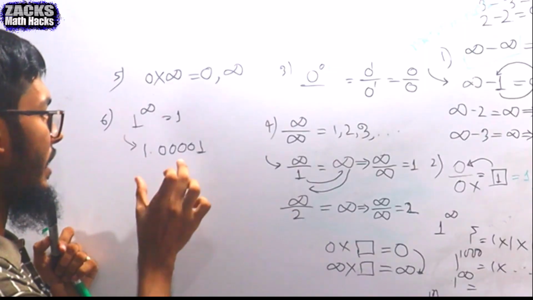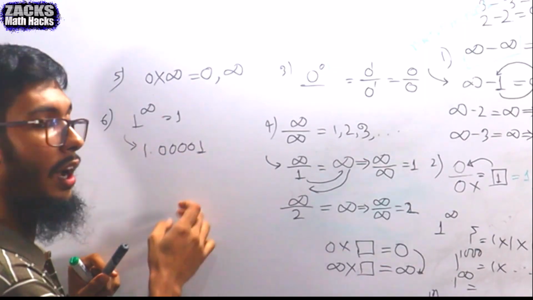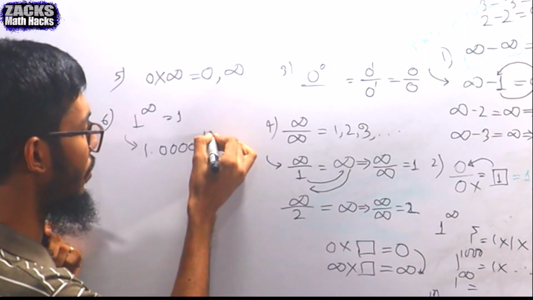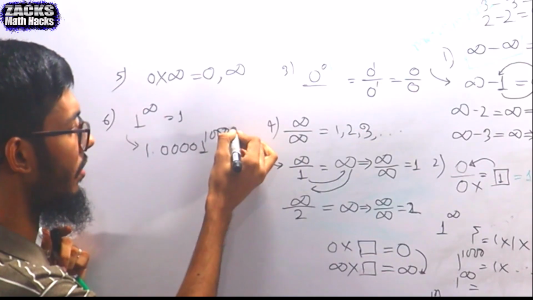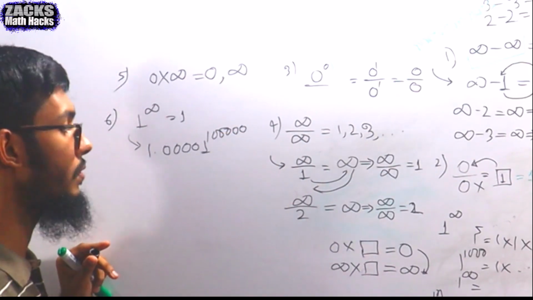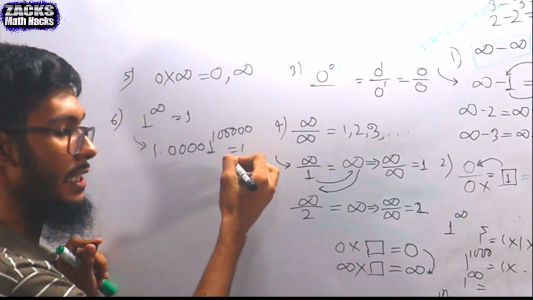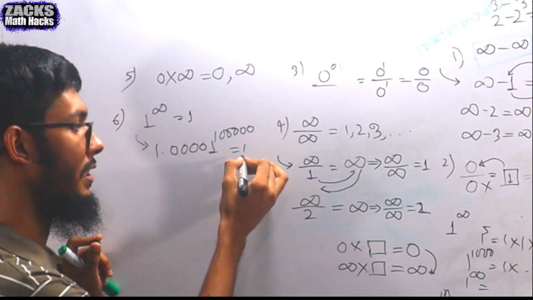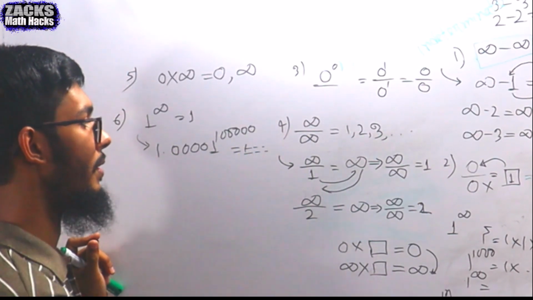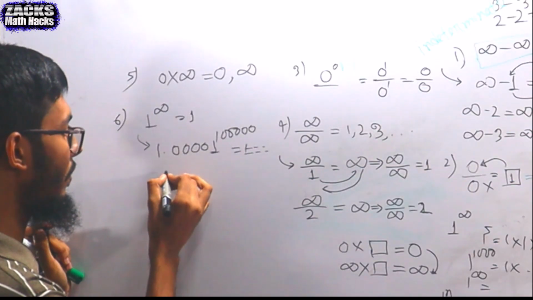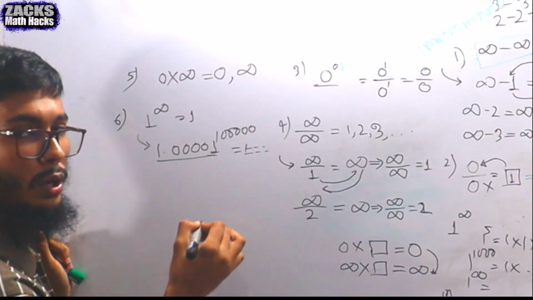So if the base is close to 1, and if I put here 1000 or even larger values, can you tell me, is this result 1? No, this result is not 1. You can check, it is some large value.